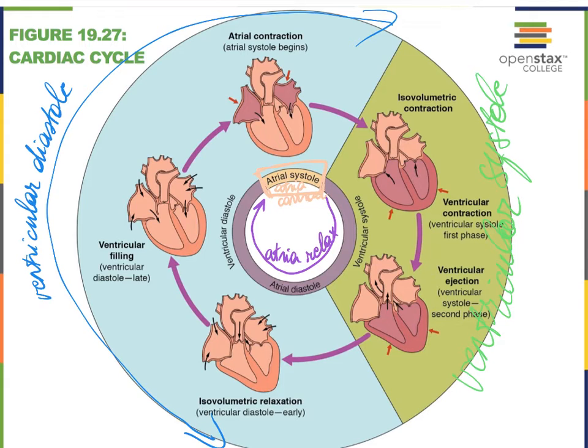And so what we see then, maybe I should use a different color. We'll use yellow. Notice that full diastole of the whole heart, that is both atria and ventricles, starts here, where we see the beginning of this ventricular relaxation, but by then the atria are already relaxed.